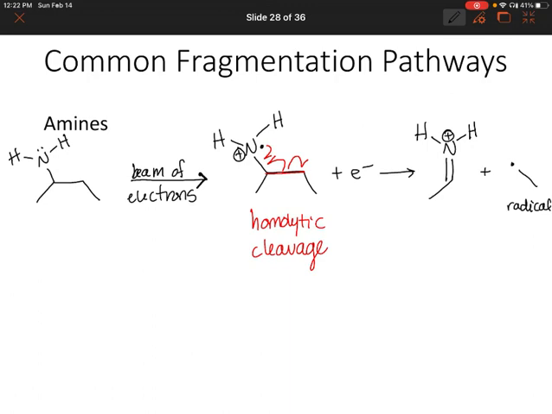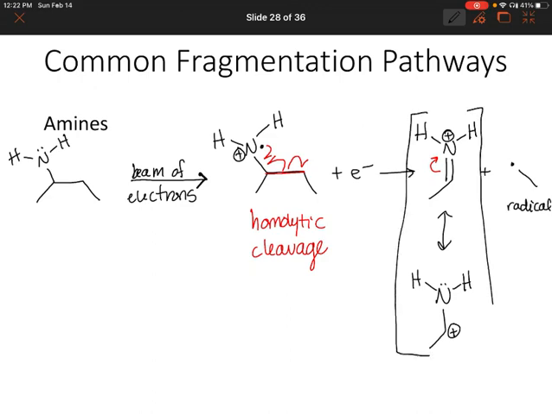But our positively charged product will be detected and there is a resonance structure. So the pi electrons can move up to nitrogen, and we can share that positive charge with the carbon down below. So again, we have a resonance stabilized cation.